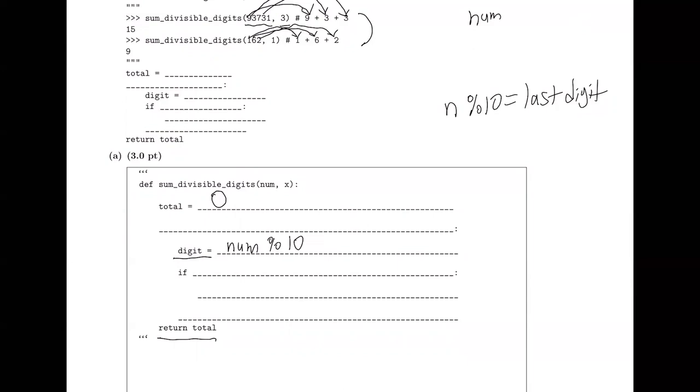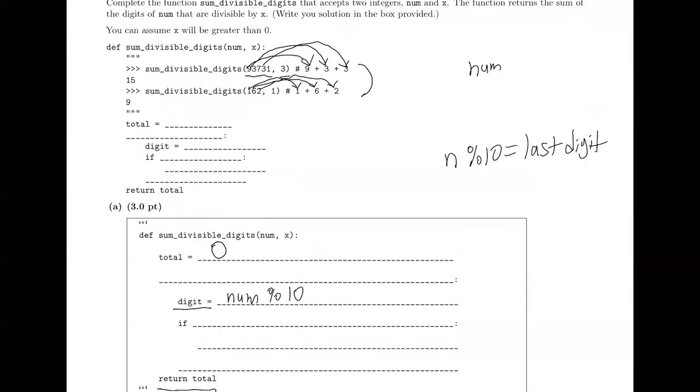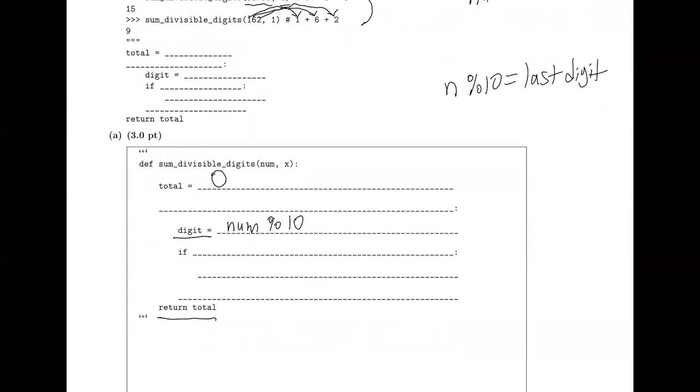Now we have this if statement here. How do we know if we want to add a digit to total? All we have to do is check if it's divisible by x, as it says in the instructions here. We want to find the sum of all the digits of num that are divisible by x. So if that current digit is divisible by x, then we will add it to total.